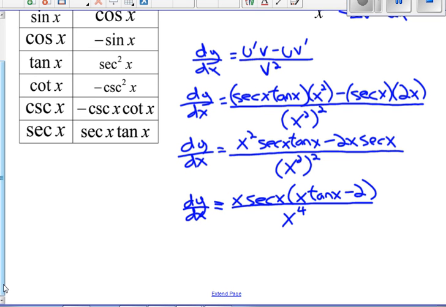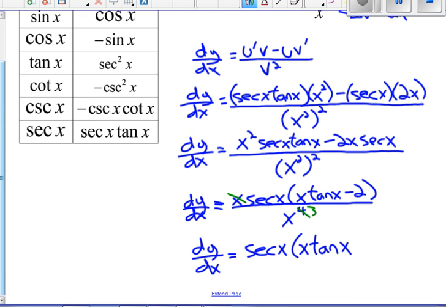And this gives us some opportunities for simplification. So if you have an x on the top and an x to the 4 on the bottom, well, that's really an x to the 3 on the bottom. So in nicest form, this is going to look like this. Secant x, x tan x minus 2, all over x cubed.